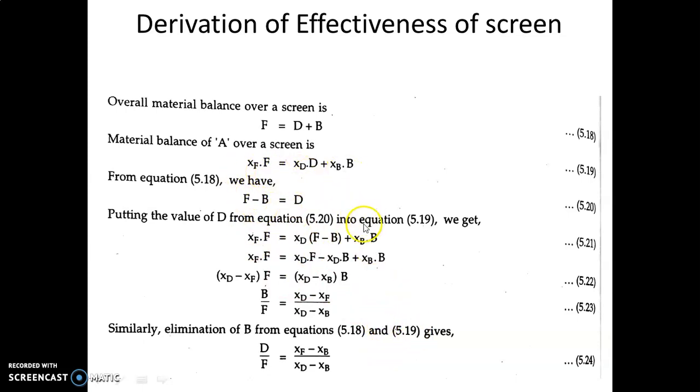Doing the similar calculation here, we get D by F is equal to XF minus XB divided by XD minus XB. The first equation, 5.23, is called the underflow ratio, and this equation is called the overflow ratio.